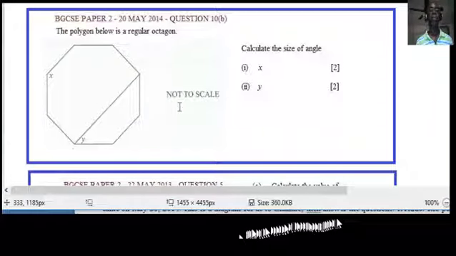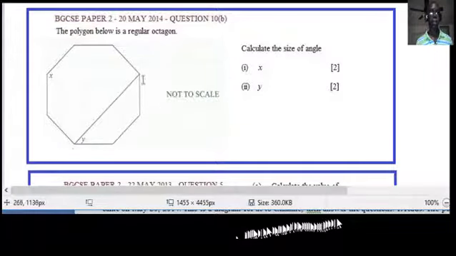You have one important piece of information, and it is that this polygon is an octagon. An octagon has 8 sides and 8 angles. Even if you were not told that this polygon is an octagon, you could count the number of sides and get 8. You are required to calculate the size of the angle marked with an X. X represents the size of one of the interior angles.